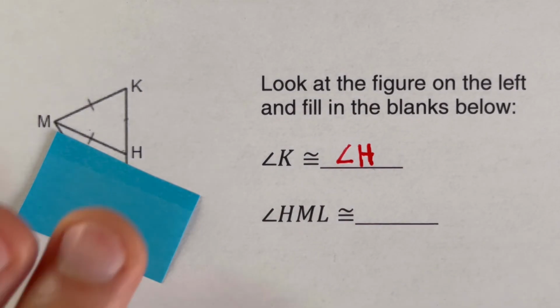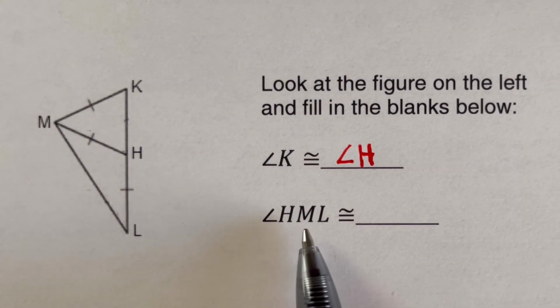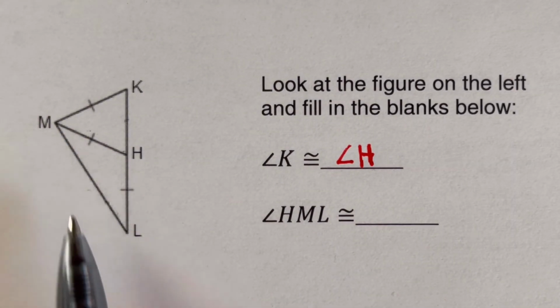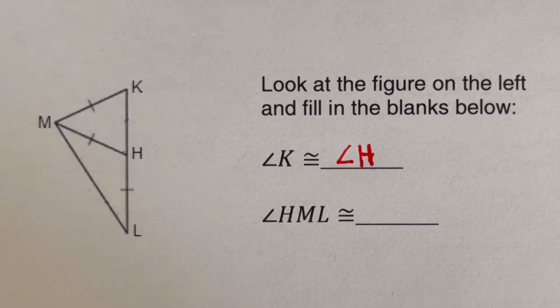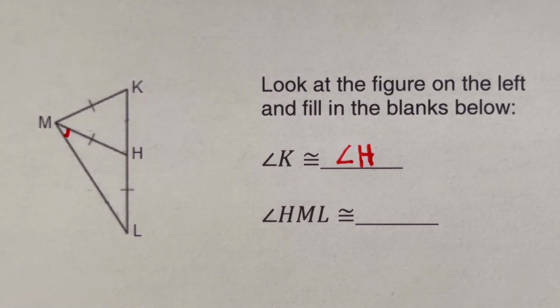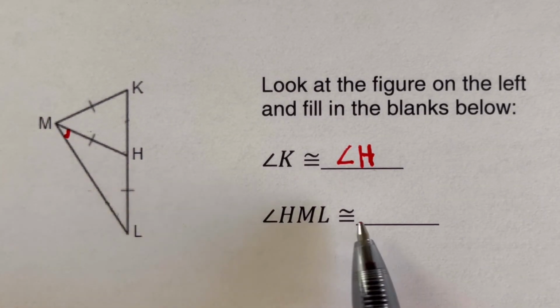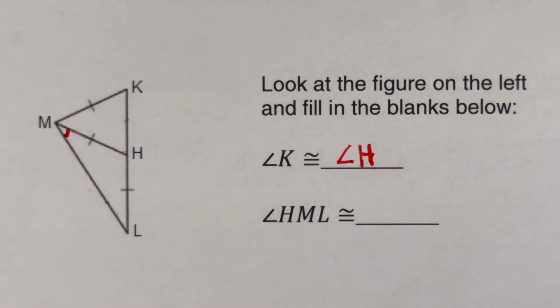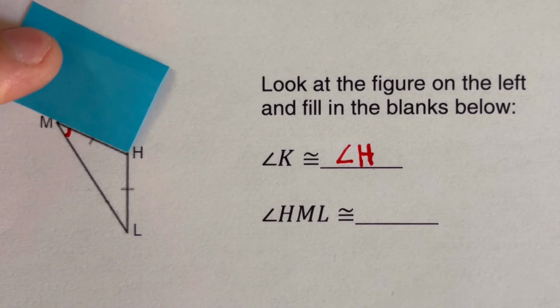Now let's have the next one. So we have angle HML, this corner right here. Angle HML is congruent to blank. So we cover the other triangle here so that we're not overwhelmed again.